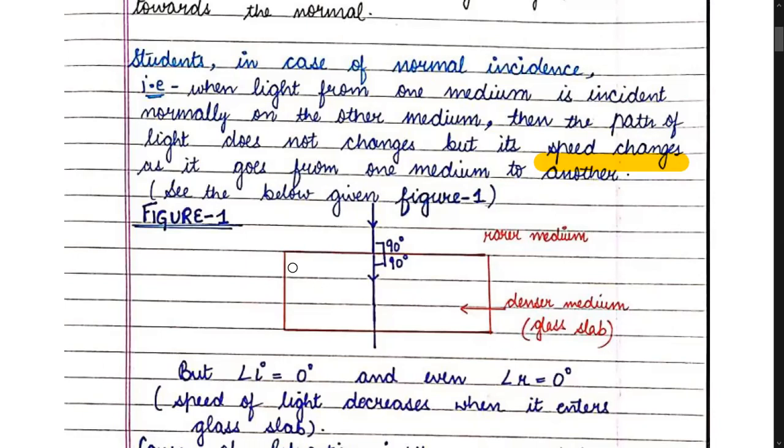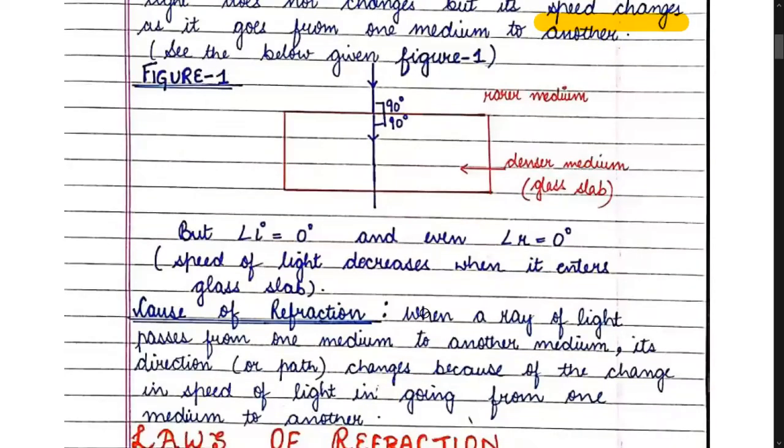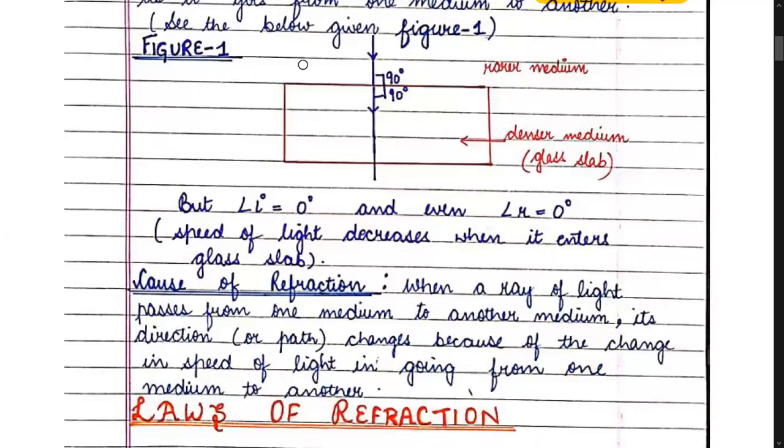2020. So here you can see a light which is falling in the direction of normal, and this incident ray is parallel to the normal such that angle of incidence is not 90° here. Why?